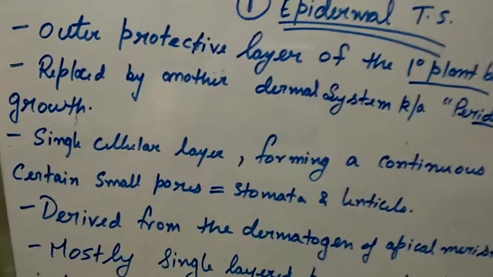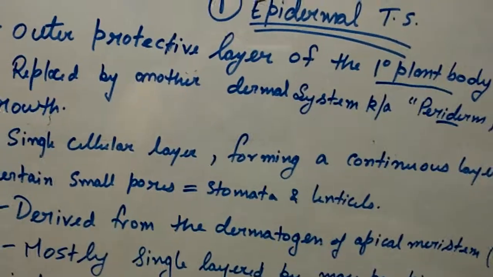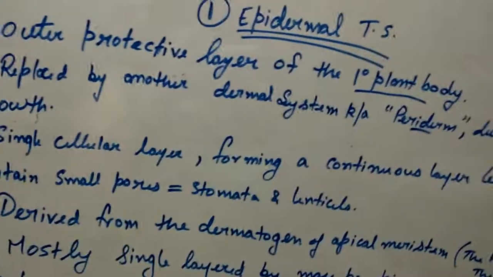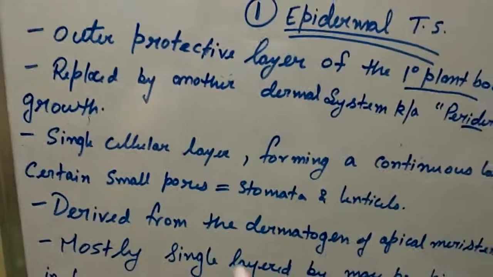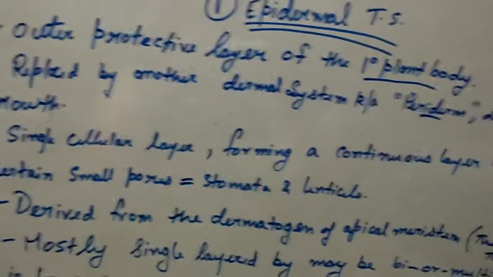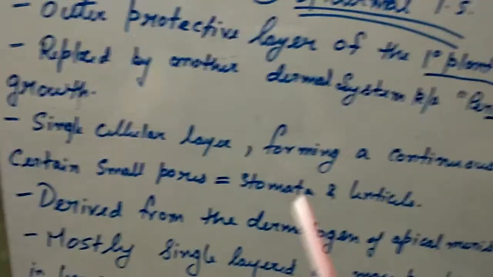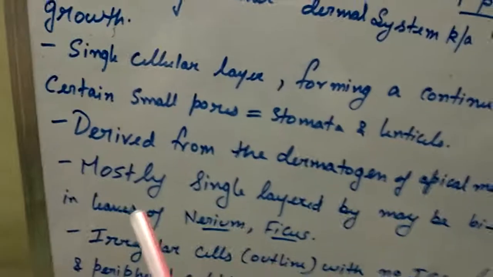So lenticels are breathing pores present on barks, and stomata, as you all know, are the main pores for gaseous exchange. So epidermis is a continuous layer, but there are some small pores for stomata and lenticels.